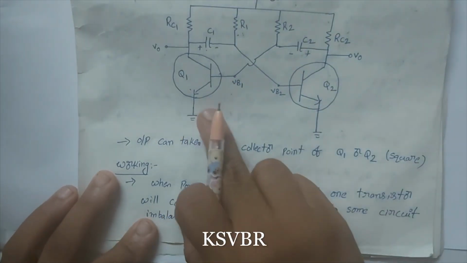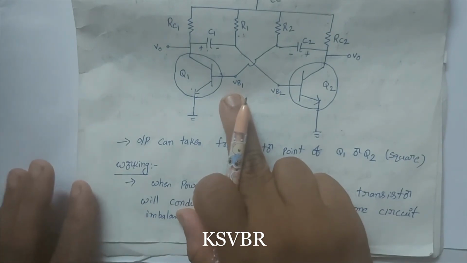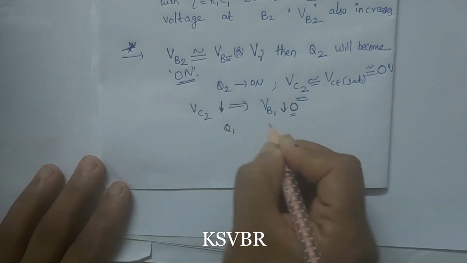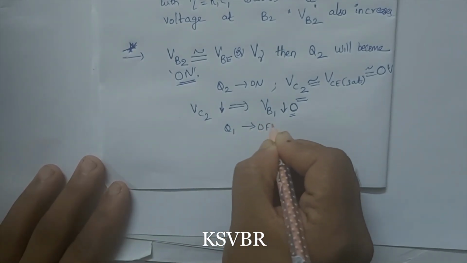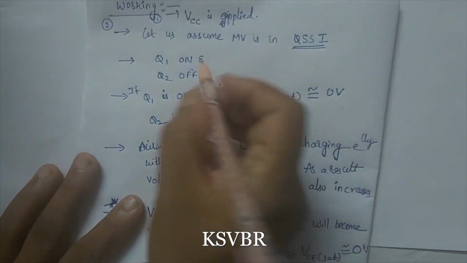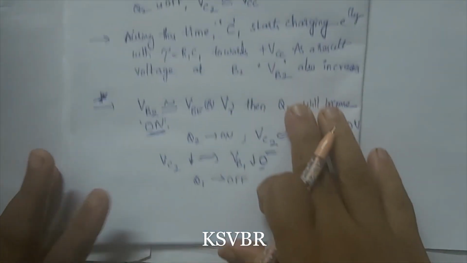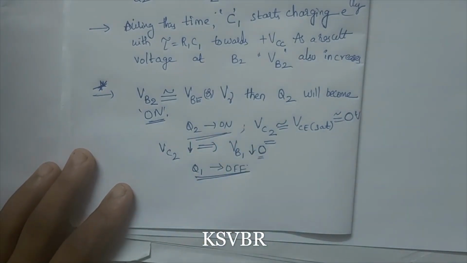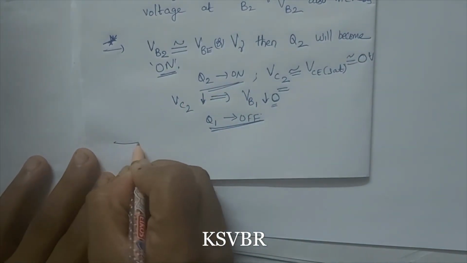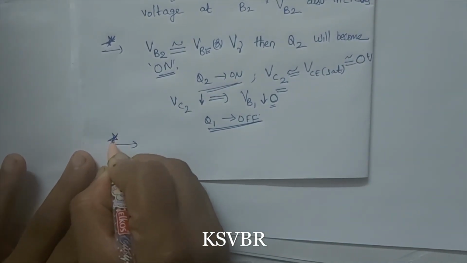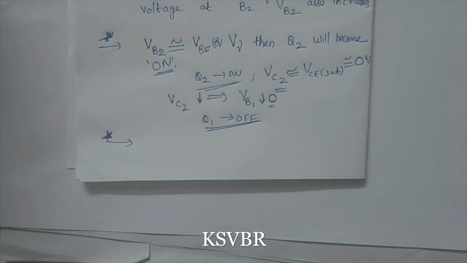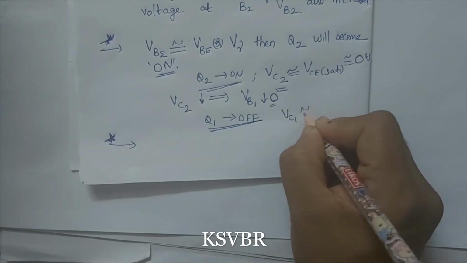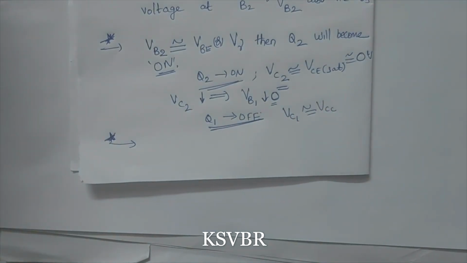So what will happen by taking 0 volts here? The Q1 transistor will become off. That means in the previous case Q1 was in on condition, but now Q1 is in off condition. Here is an additional key point. If Q1 is off, what about VC1? VC1 is approximately equal to VCC.